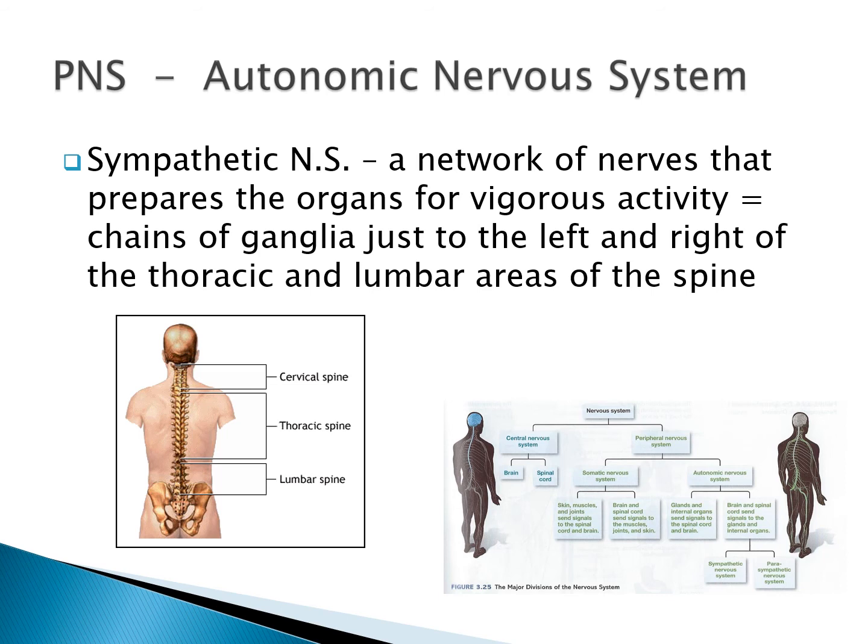But you can see that the thoracic and the lumbar areas are right next to each other, and these chains of ganglia, so if you remember, the ganglia are just those neuron cell bodies that are outside of the central nervous system. We have these chains of those that are close to each other, and so they can act in sympathy, as the sympathetic nervous system is named for. Is this vigorous activity. We want all of this to happen at one time.